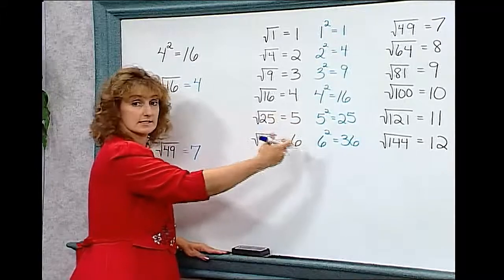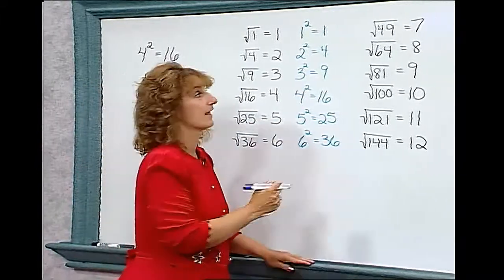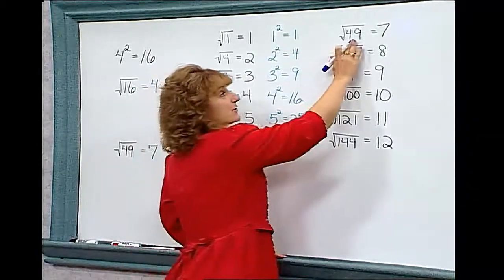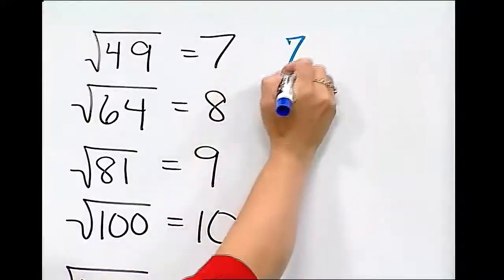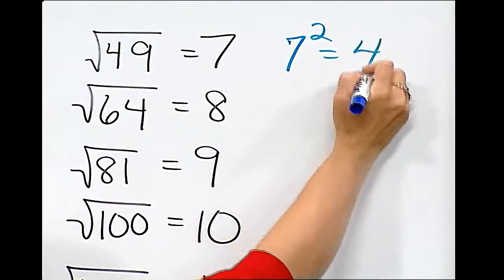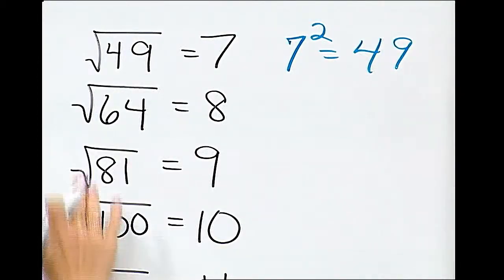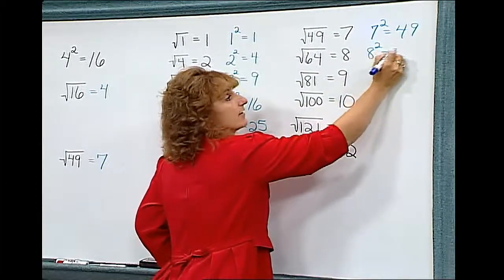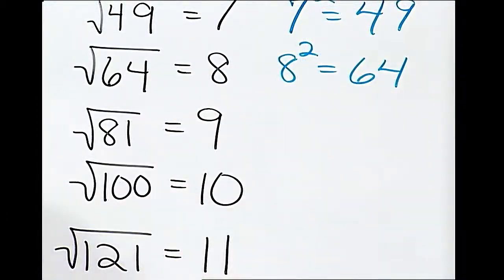Remember, squared: 6 times 6. Continuing down, and these are the ones you should memorize, the square root of 49 equals 7 because 7 squared equals 49. And the square root of 64 equals 8 because 8 squared equals 64.